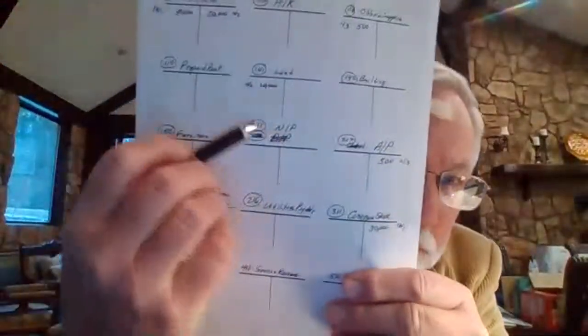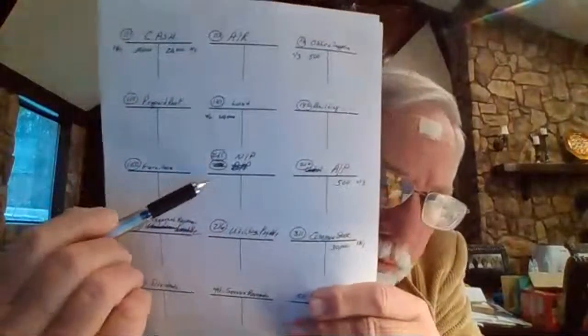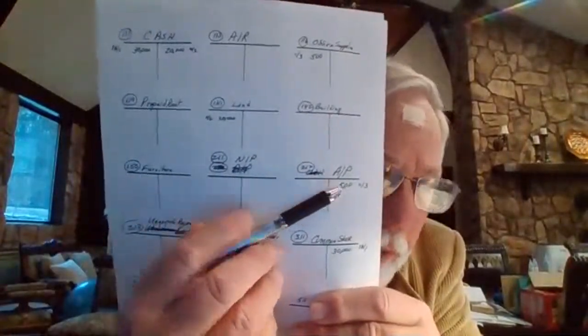Transaction number 3. Office supplies were increased with a $500 debit because we got them on credit. So accounts payable is going to be increased with a credit of $500, also on November 3. Office supplies, November 3, $500. Accounts payable, credit, $500.